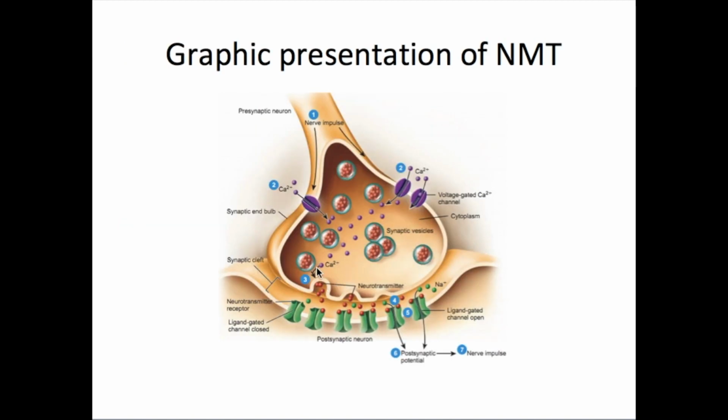This fusion makes many of the vesicles rupture, allowing the exocytosis of acetylcholine into the synaptic space. And as I already told you, about 125 vesicles rupture with each action potential.